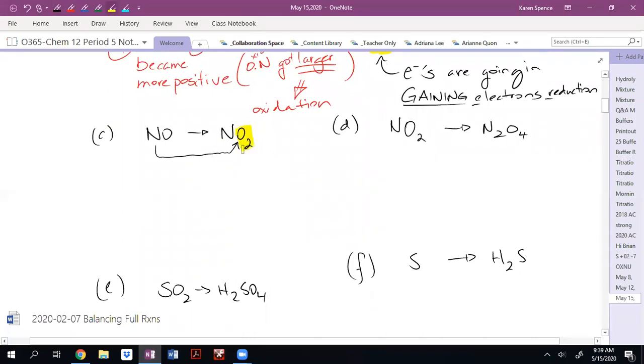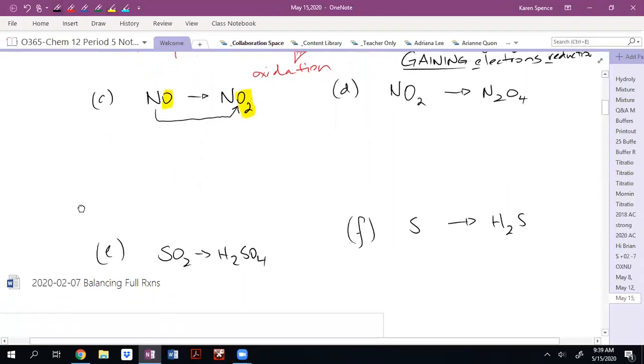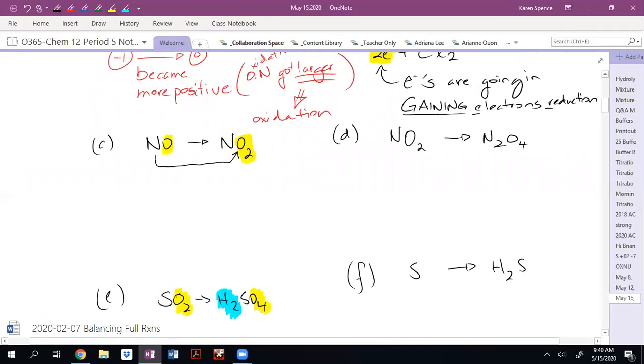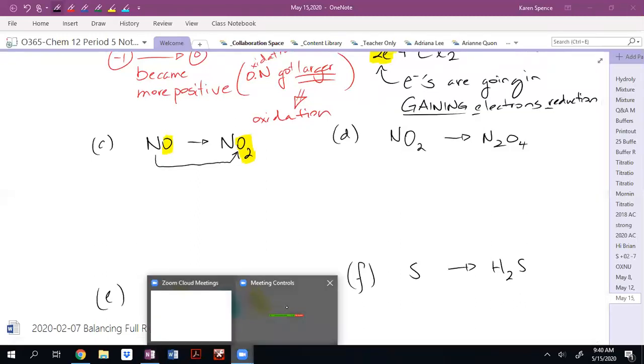Over here we have O2, and over here we only have one O. If it's something as obvious as that, and it doesn't have all kinds of other elements, you can see down in the next example, we've got oxygens, but oh gosh, we also have hydrogens, which makes it a little more complicated. But if you only have a single element and it's attached to oxygen and then it's attached to more oxygens, can you guess if that would be oxidation or reduction?